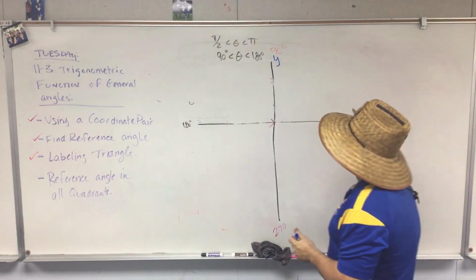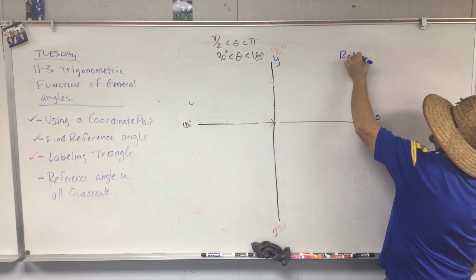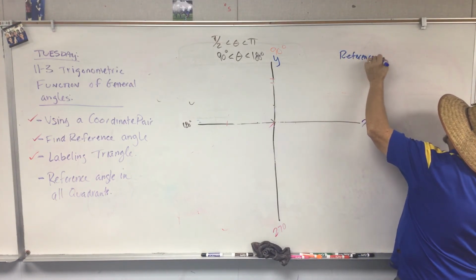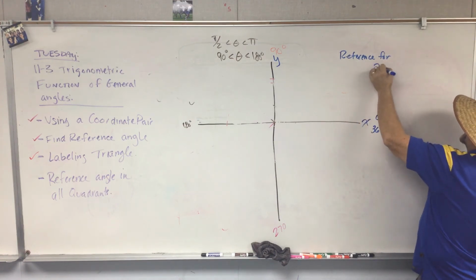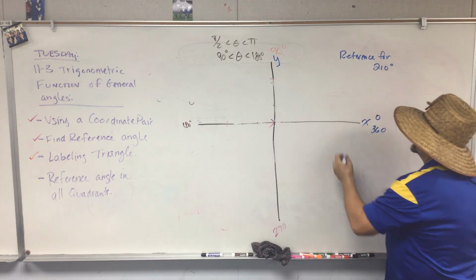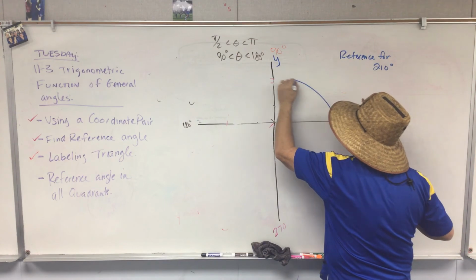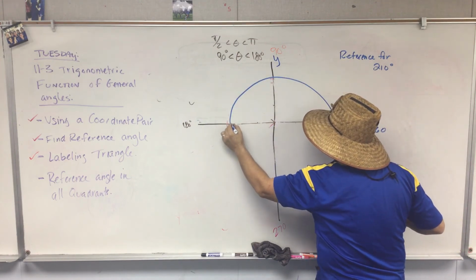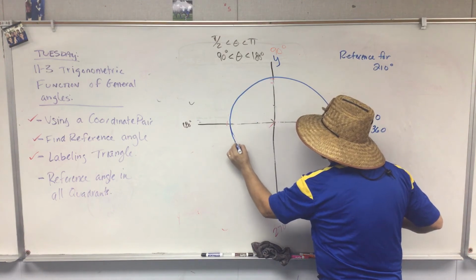Let's find the reference angle for 210 degrees. So 210. Start here and go all the way around. It's past 180 and in between 270. So we'll stop it right here.